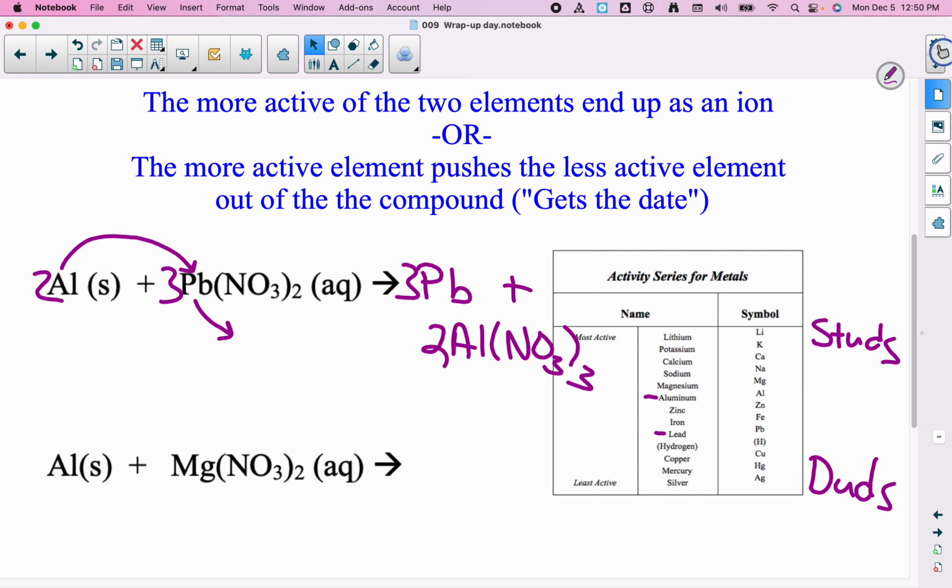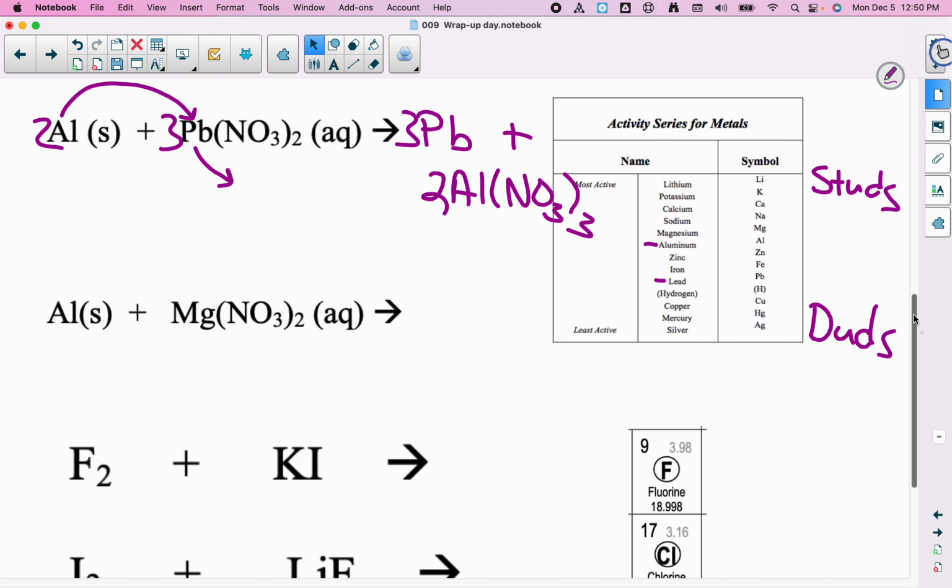So aluminum gets to thinking at prom time, you know what? I don't really feel like paying for dinner, and this worked out really well for homecoming. So prom season rolls around, and aluminum again shows up at the dance with no date.